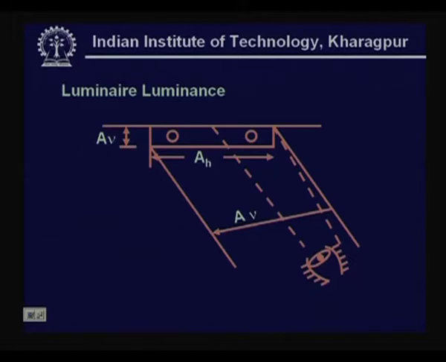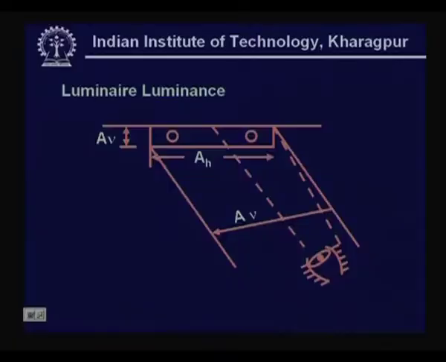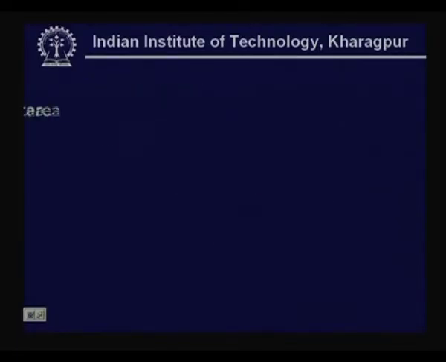How does one take care of luminance? Because we said the three steps involved in assessing are: 1, use of the tables which have the numerical values; 2, the graphical diagrams in terms of isolux diagrams; and thirdly, the luminance of the luminaire in candela per meter square.